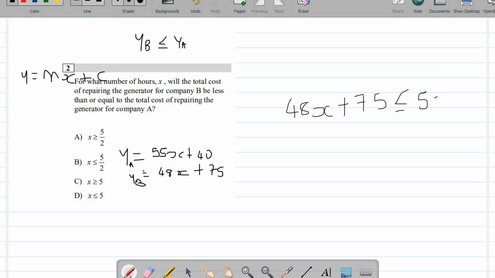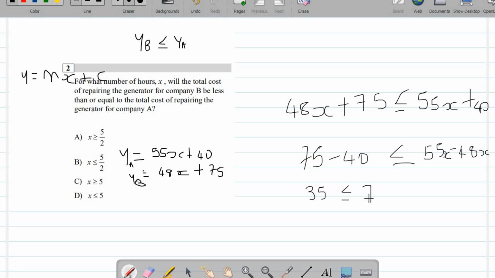So you have 55x plus 40 over here. When you rearrange this, you'll have 75 minus 40, and 55x minus 48x.